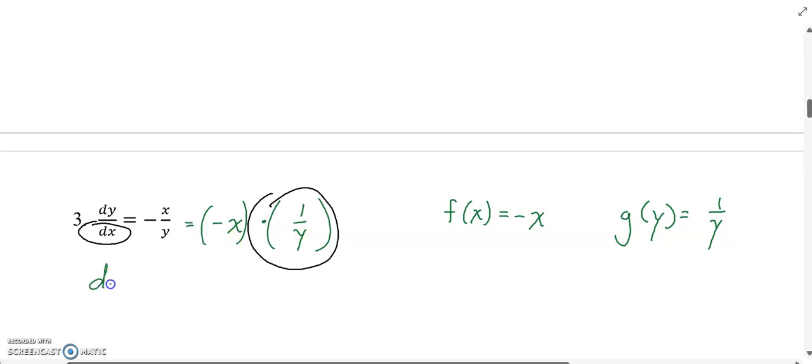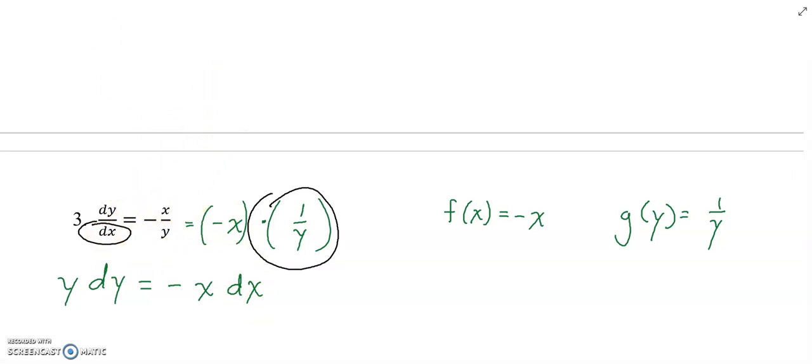The dy that we had originally is going to get multiplied by y. And then the dx is going to be multiplied by my f of x, which is negative x. This process right here, basically we're multiplying both sides by dx, we're multiplying both sides by y. This process is called separation of variables.